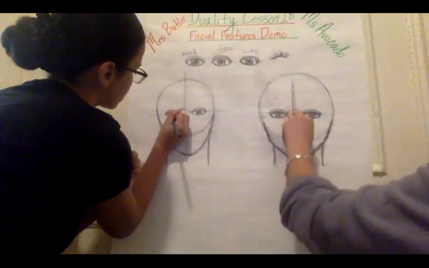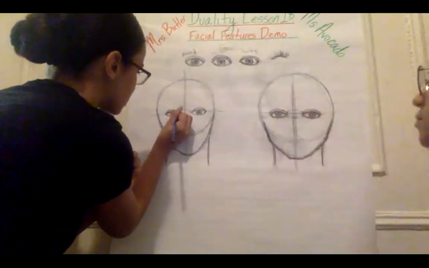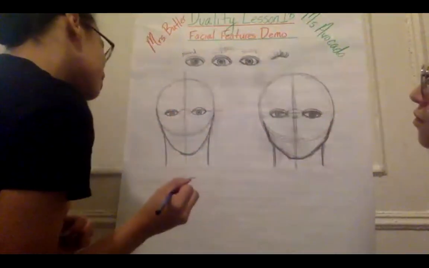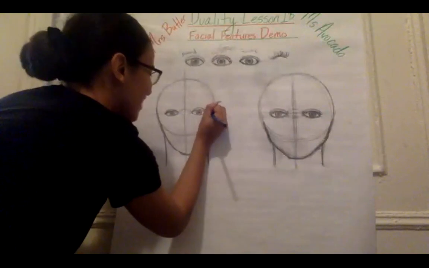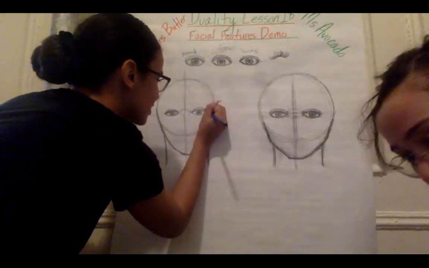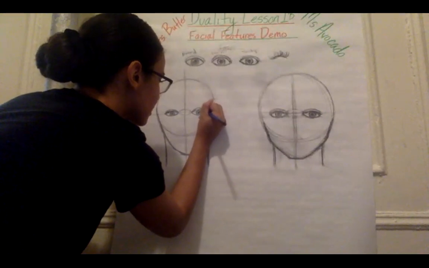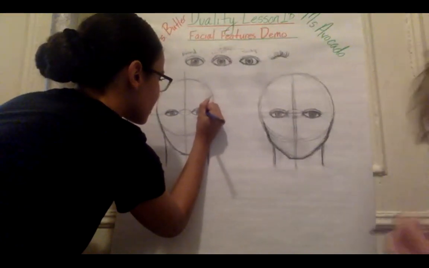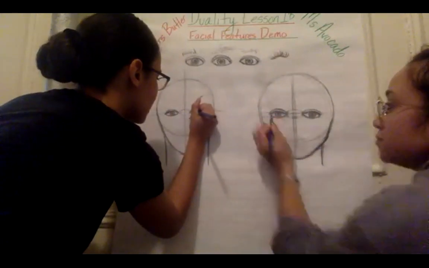These short little ones, you can see them here. Looks kind of like a curtain over my eyes. It does. Oh my god, I have a little curtain. Let me also, I just realized I didn't do my eyelids. Okay.